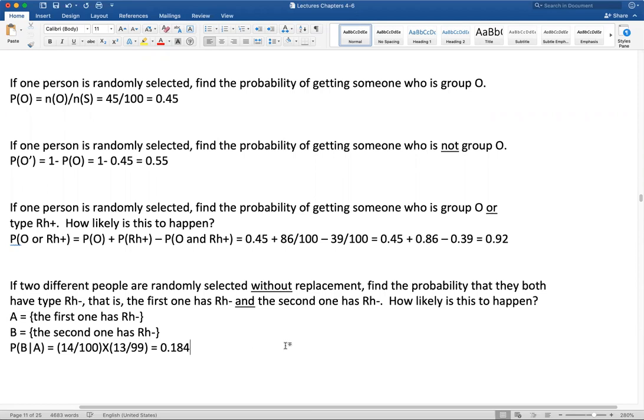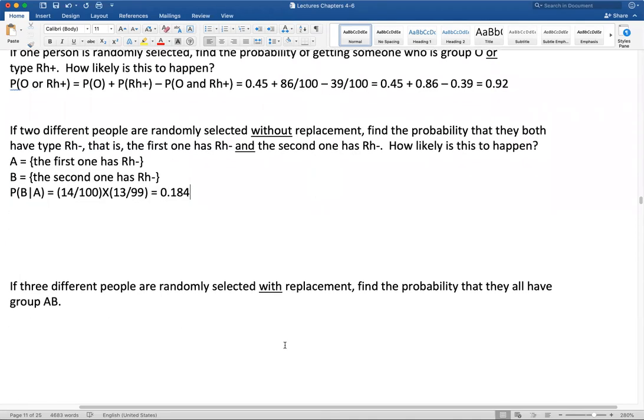Now the last problem. If three different people are randomly selected with replacement, is it with replacement? Then the events will not affect each other, so the events are completely independent. Find the probability that they all have group AB.